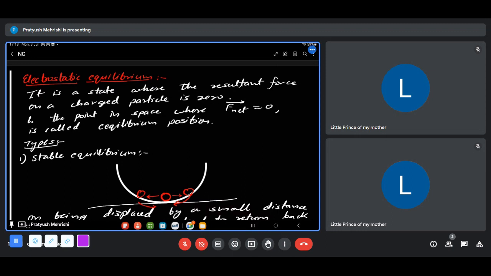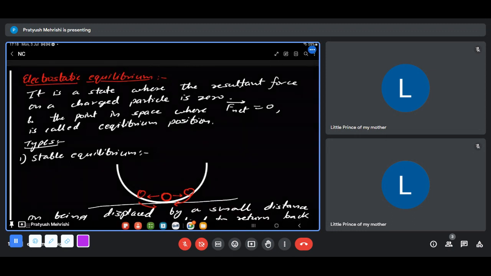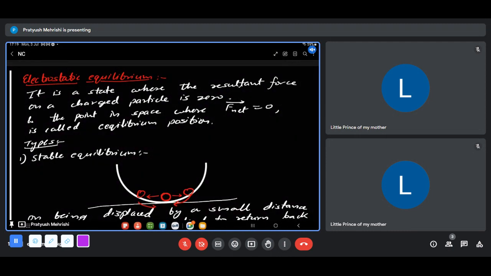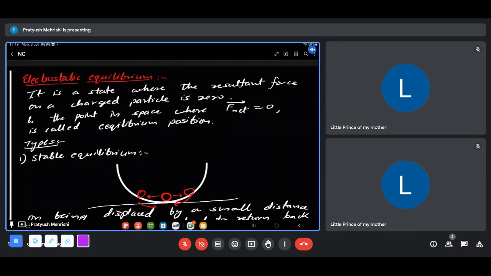If you push the ball to the left-hand side, then it will have a force in the right-hand direction. Anywhere in the bowl, if you push the ball, it will come back to its original position because the force is directed towards the center of the bowl. Getting it?